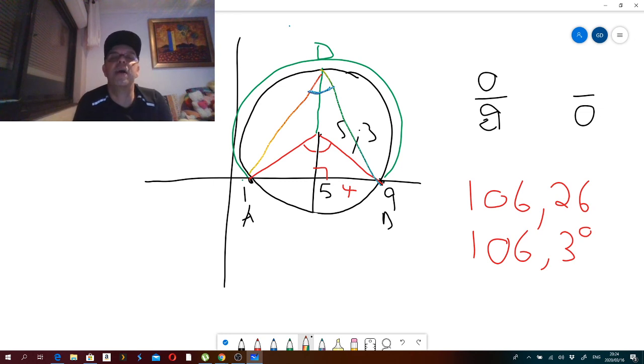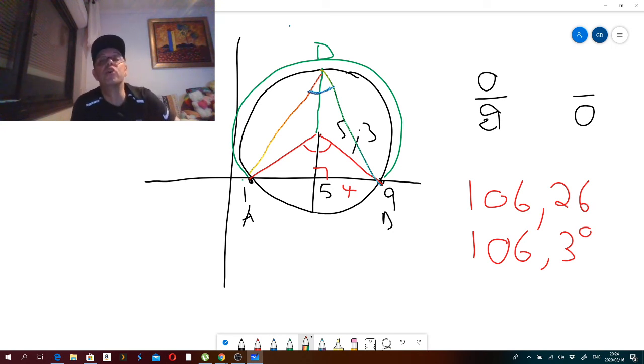Okay, so we're going to have to find that angle over there. Now, some of your geometry should actually be able to tell you what that angle is, but we're going to find it and see if it's true. And for those of you who are thinking, let me remind you quickly that the angle at the center is always double the angle at the circumference. So we expect that angle at D to be half this value of 106.3.